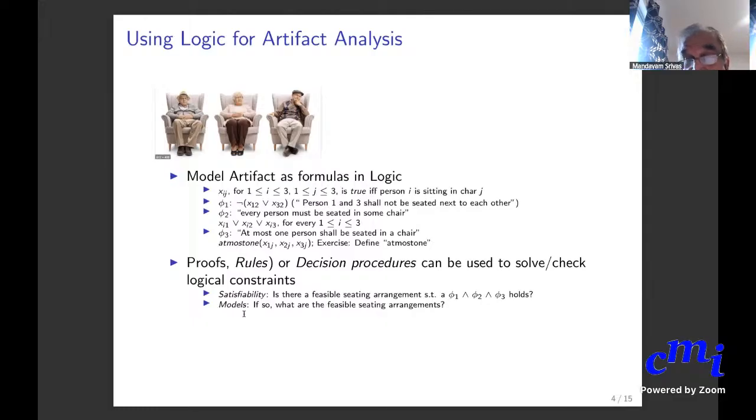Z3 does provide features for this, or you could program using the Z3 API interface to generate all the models, to get all possible seating arrangements. Or if it is not satisfiable, if there is no possible seating arrangement, then it can answer that it is not satisfiable, that it is unsat. All these things are possible with Z3.